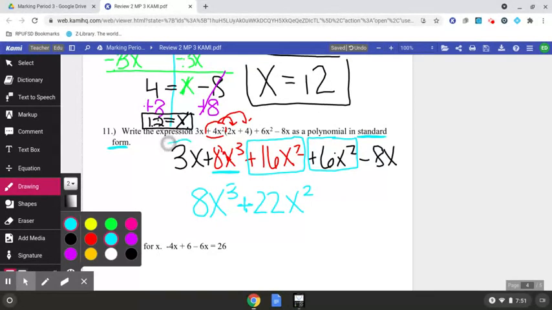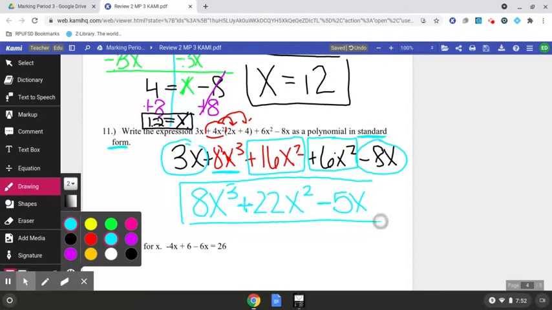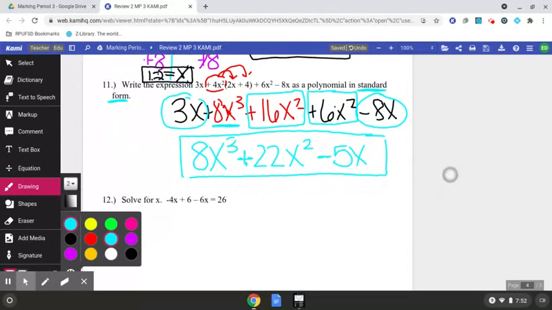And I can combine my 3x and my negative 8x, and I can get a negative 5x. So this would be my final answer. And it's written in standard form, highest to lowest exponent, and all my terms are combined.